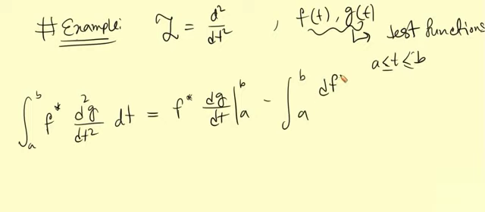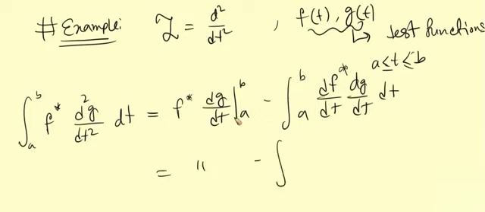You will have the derivative operator, because if you integrate by parts once, you will have to leave whatever this dg/dt is, and you will have to find the derivative of this f star. So finally you'll have df star/dt times dg/dt, and dt over here. And here you have to integrate by parts again. So let me just put this sign for saying that this term is over there. These are the boundary terms.